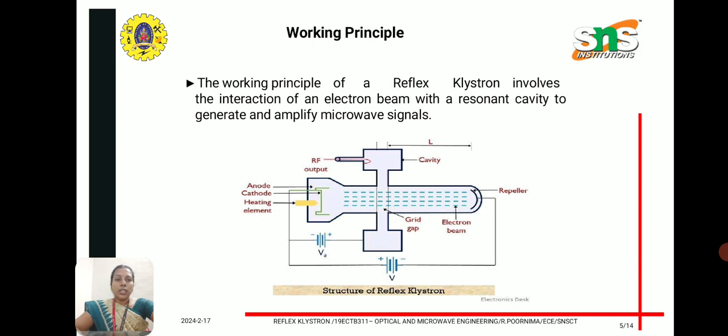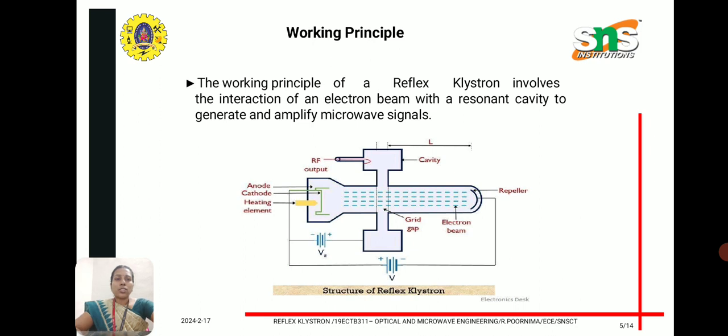Here the cavity resonator is given as a rectangular cavity resonator. Inside this tube, the electron is emitted and travels through the drift space, then it is repelled back by the repeller's negative potential and interacts with the cavity field.